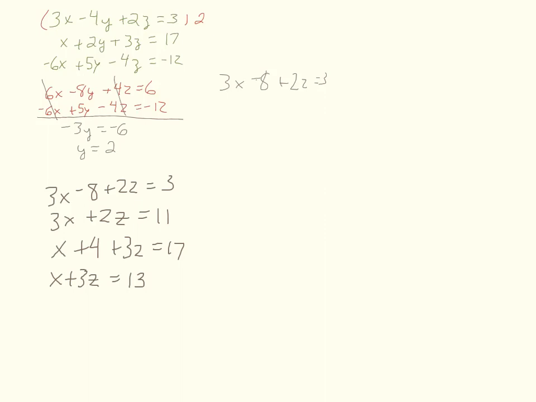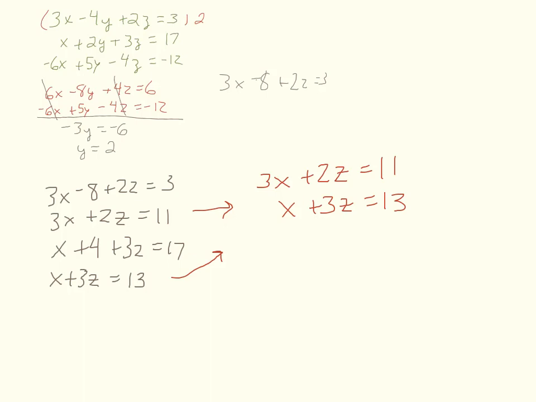So let's take these two equations, give it some space, and see what we can do with these two. So if I have 3x plus 2z equals 11, and x plus 3z equals 13.